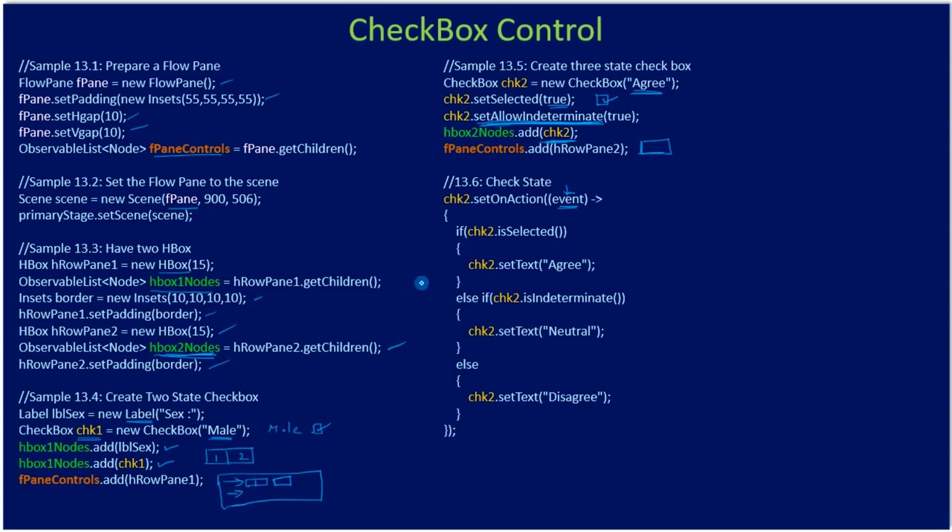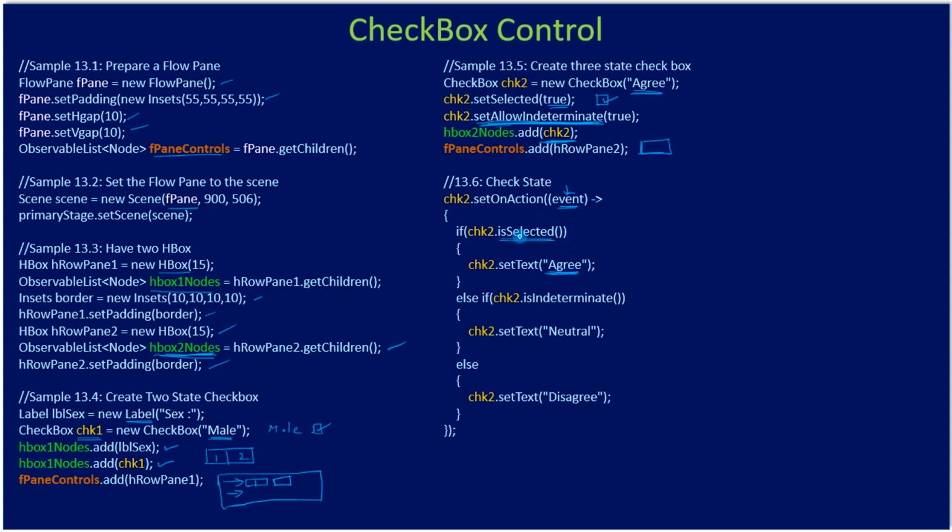Here, if you see, CHK2 is what is raising the event, and inside I am using the same CHK2 and checking is selected. So if it returns true, I am setting the text as agree.